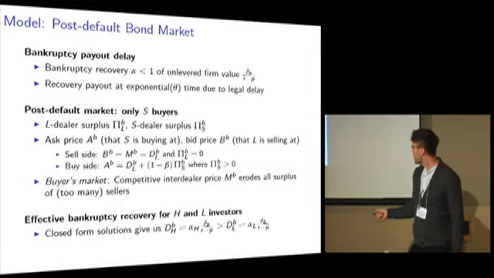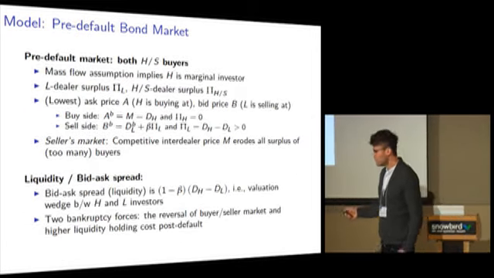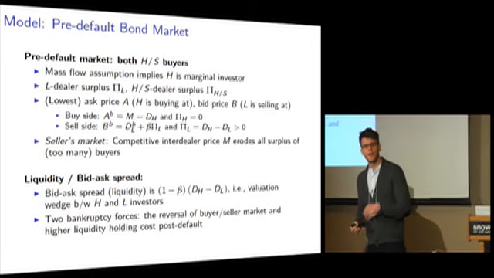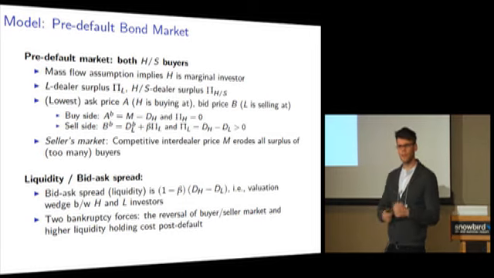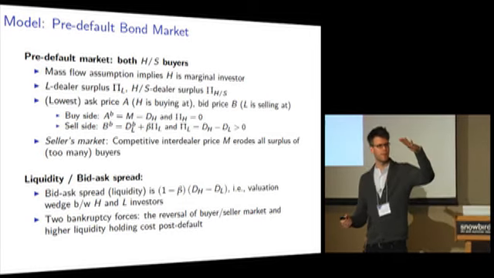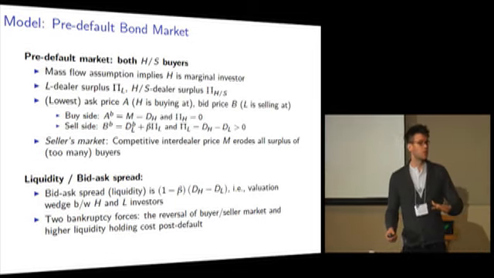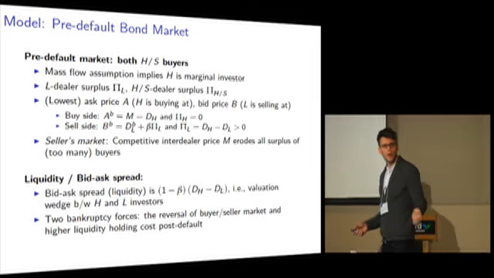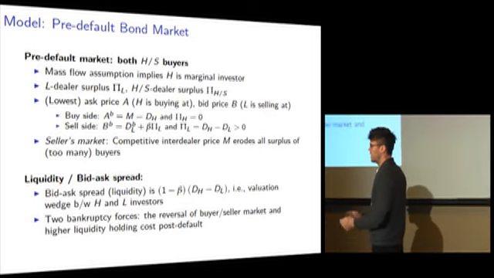Because we saw the bankruptcy boundary had these effective recovery rates. So now, the closer you are to the bankruptcy boundary, there's two effects coming from the bankruptcy boundary. The first is the reversal of the buyer and seller market. It's basically a level effect. The bond is worth much less to you because now all the surplus accrues to the specialists that are in that market.